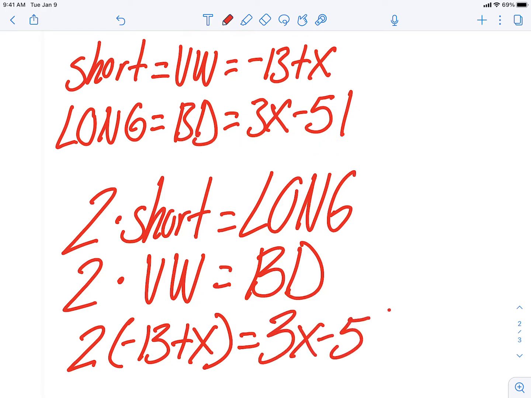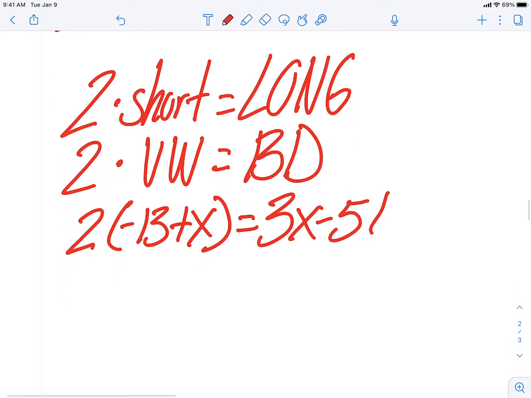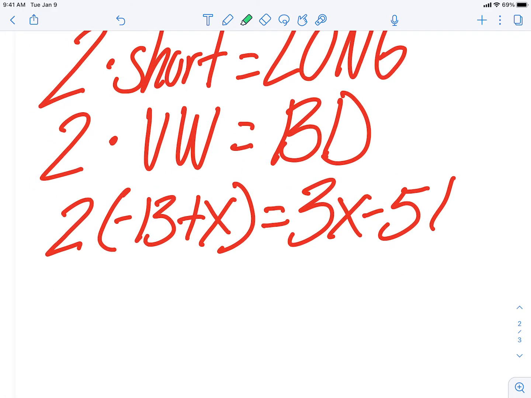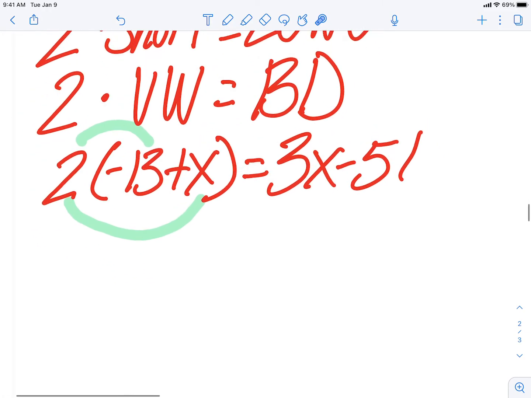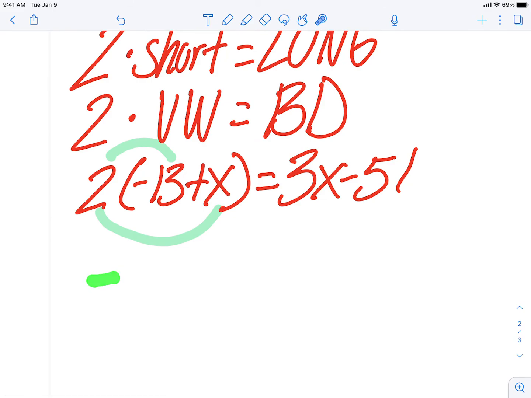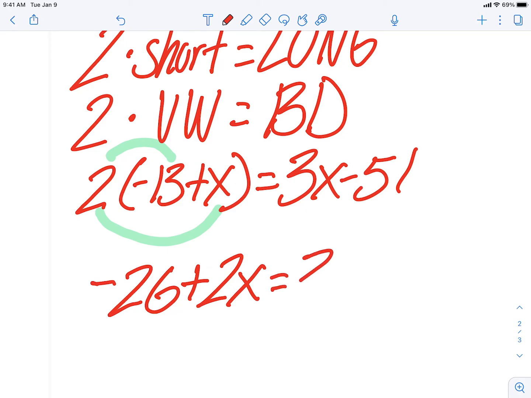Just like before, we distribute 2 times negative 13 and 2 times x. 2 times negative 13 is negative 26, and 2 times x is positive 2x, which is equal to 3x minus 51.